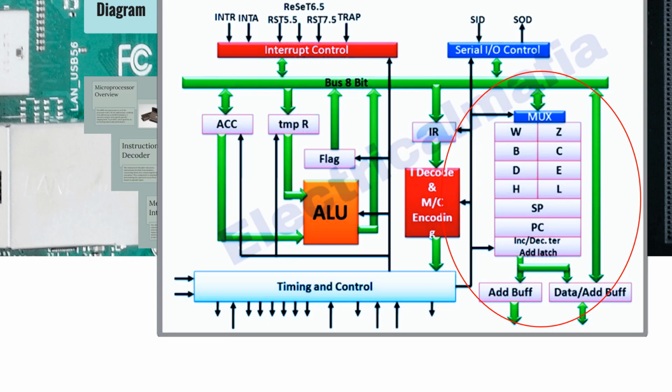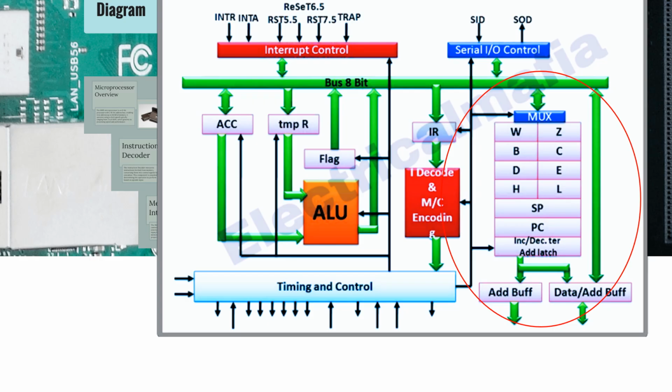The instruction register holds the current instruction being executed. The program counter keeps track of the memory address of the next instruction to be fetched. The stack pointer manages the stack, a region of memory for storing data temporarily.